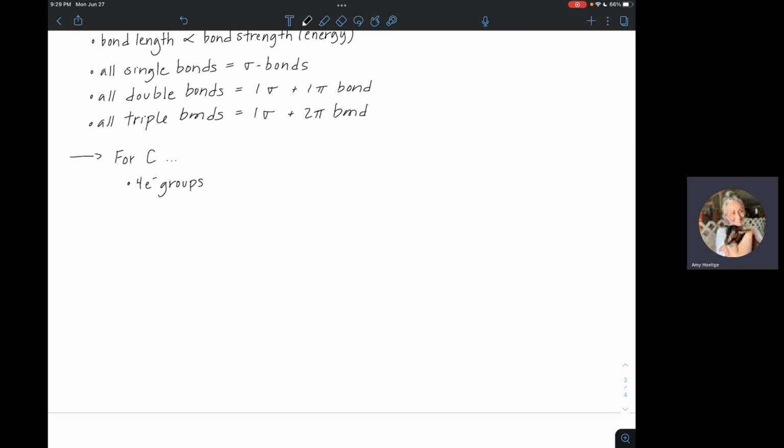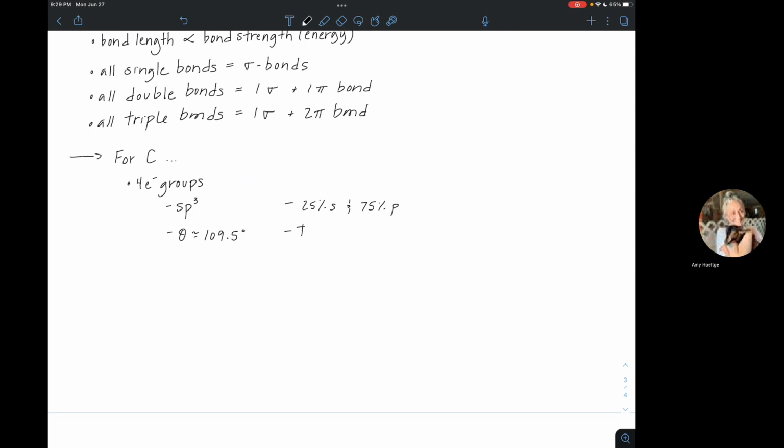But if we've got 4 electron groups, you can bank on sp3 hybridization. You can bank on theta being approximately equal to 109.5 degrees. You can bank on 25% S character and 75% P character.